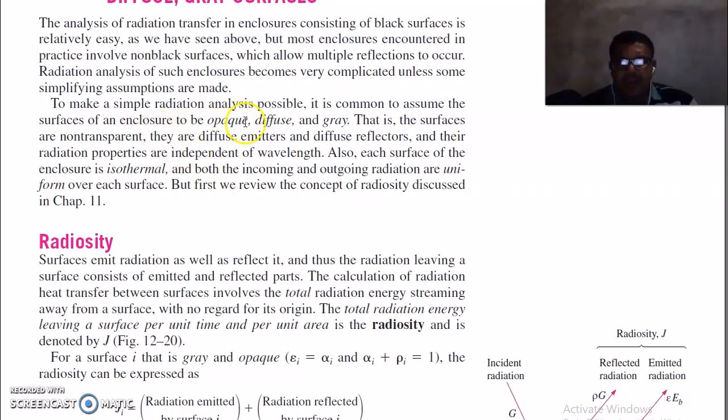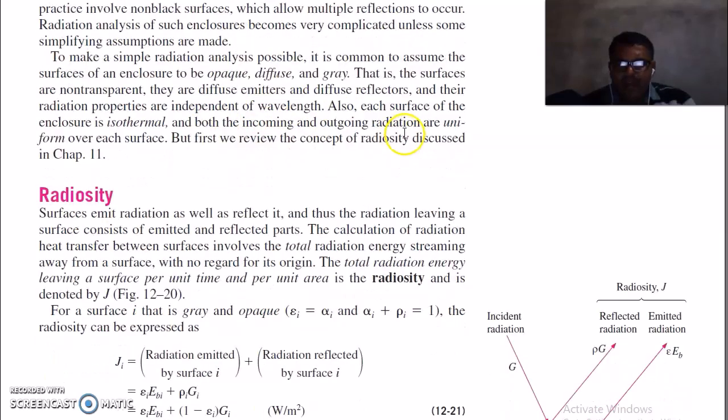To make simple radiation analysis possible, it is common to assume the surfaces of an enclosure to be opaque, diffuse and gray. That is, the surfaces are non-transparent. They are diffuse emitters and diffuse reflectors, and their radiation properties are independent of wavelength. Also, each surface of the enclosure is isothermal, and both the incoming and outgoing radiation are uniform over each surface.